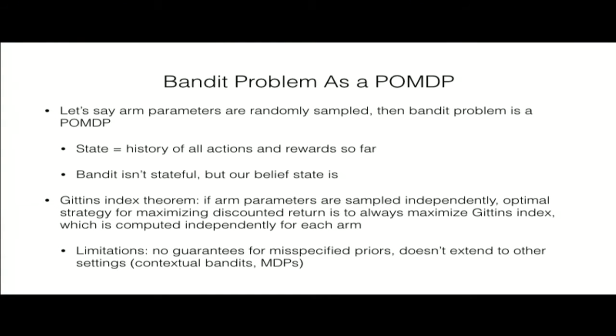However, your belief state, your probability distribution over the problem parameters, gets updated over time. So the way we turn this into a POMDP is we say that the state of our system is the history of all actions and rewards we've gotten so far, which determines our posterior probability over the problem parameters. The bandit itself isn't stateful, but our belief state is the stateful part.